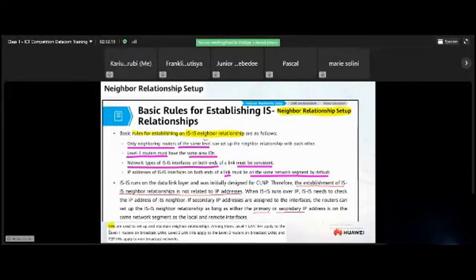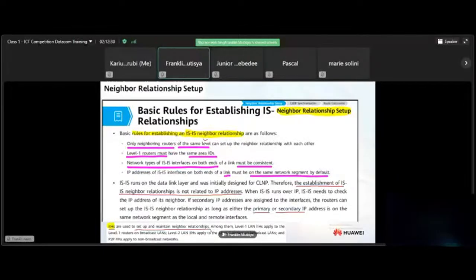Lastly, the ISIS hello packets are used to set up and maintain neighbor relationships. After we establish a neighbor relationship in ISIS, we first exchange hello packets.